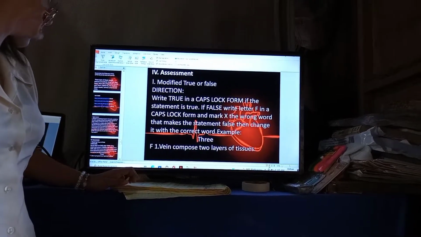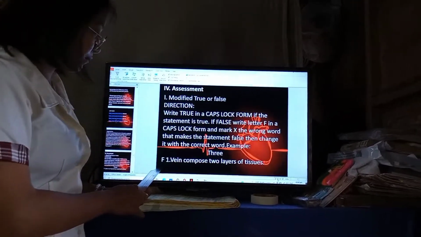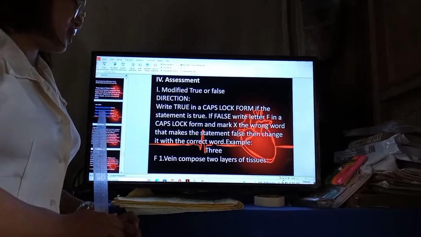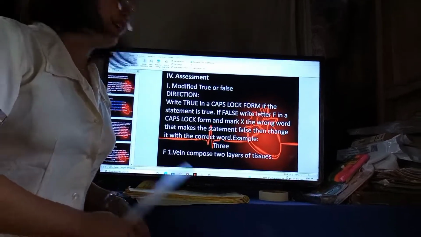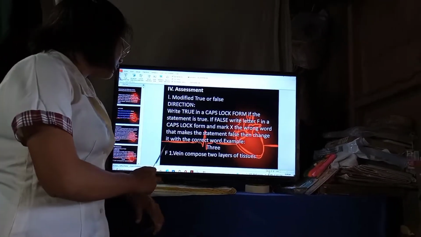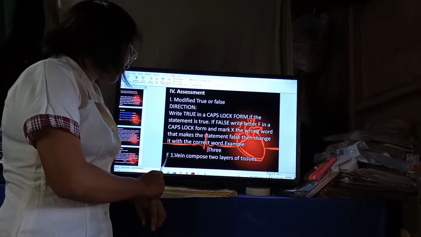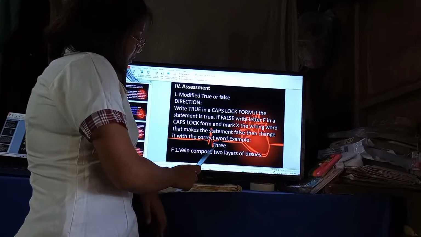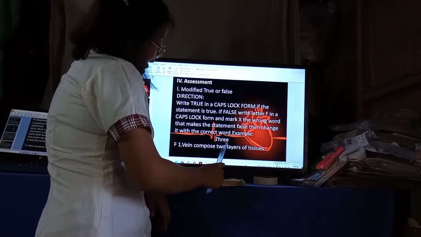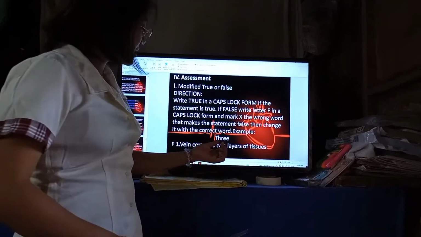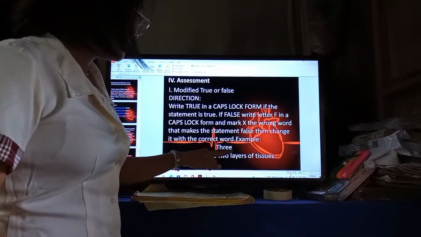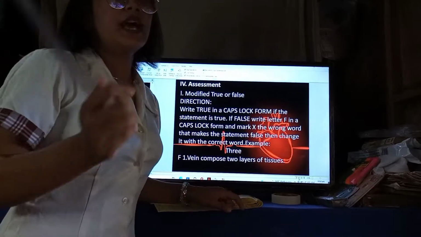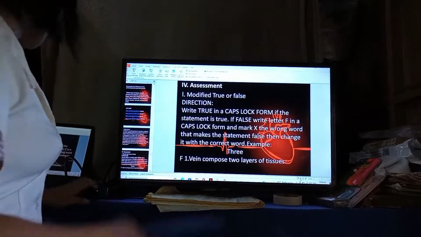Example: vein is composed of 2 layers of tissues. Is that true? No. False. So type letter F there, which is capital. Write an X here on the word, then put the correct word at the top.